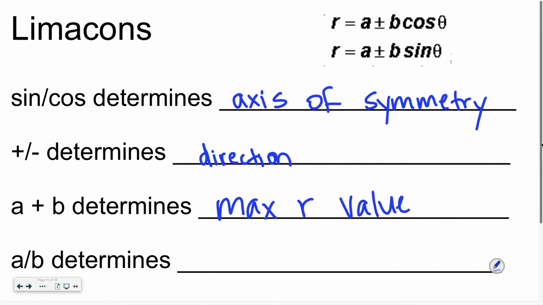We have 4 different ratios to determine the type of limaçon: a loop, a cardioid, a dimple, and a convex. I'm not super concerned about the names, but you probably need to be aware of when there's a loop and when there's not. So here's what they look like.